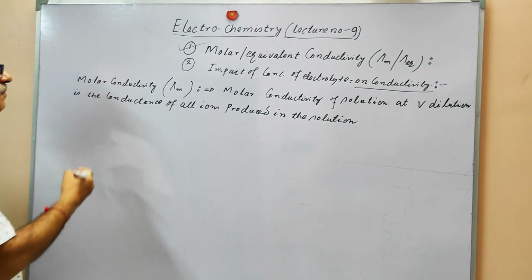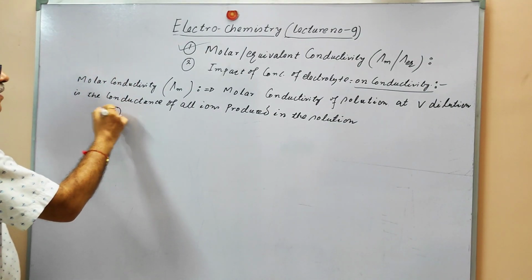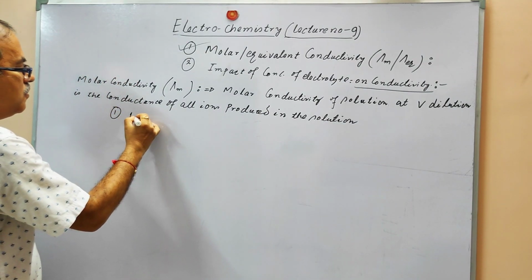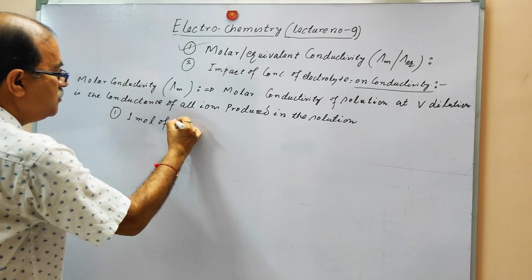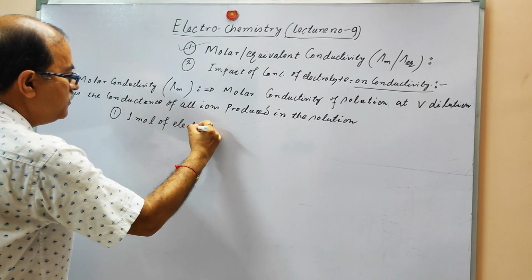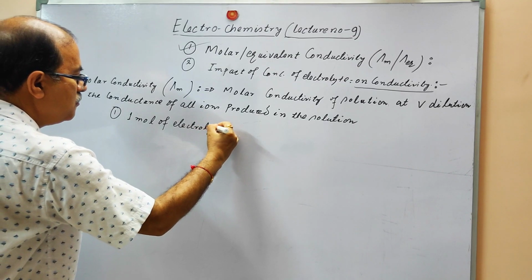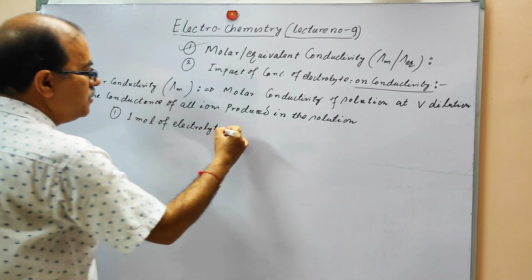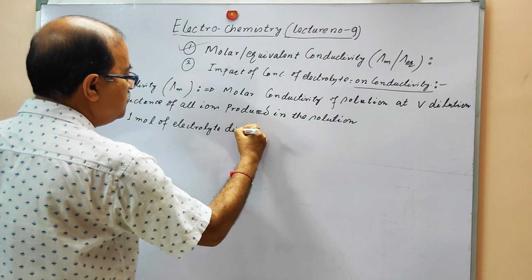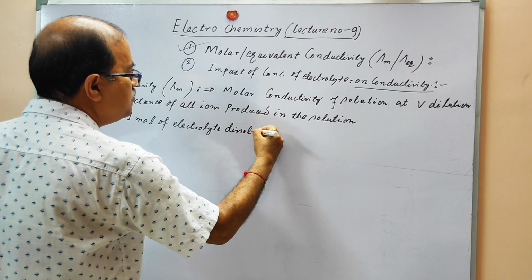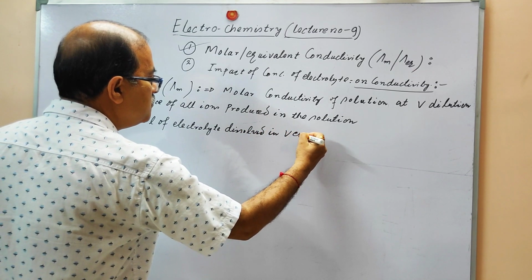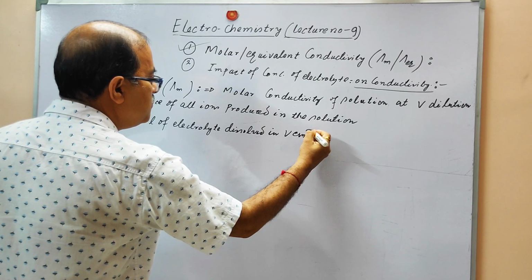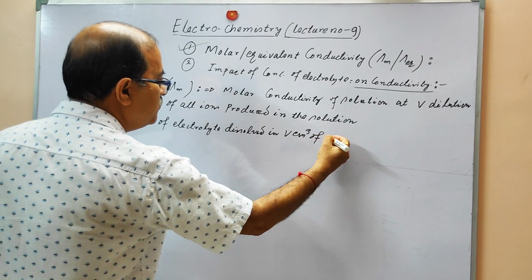Produced in the solution when, number one, 1 mole of electrolyte is dissolved in V centimeter cube of solution.